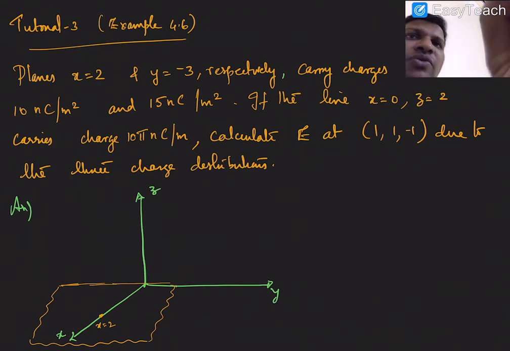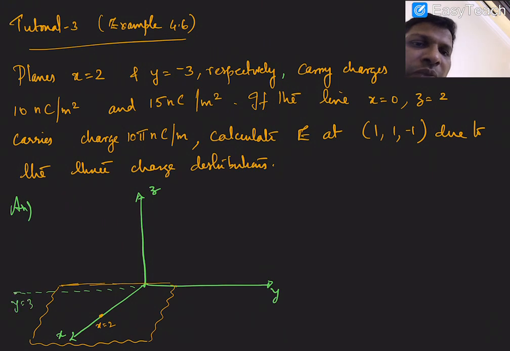So y is minus 3, so it is like here. Let's say this is y equal to minus 3. There is another plane which I will show in a different color. This is another plane.